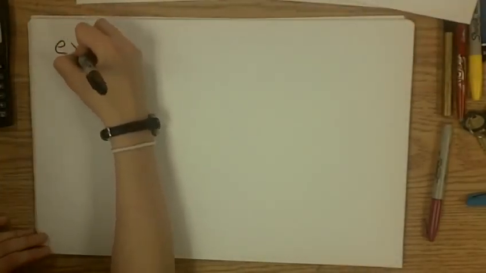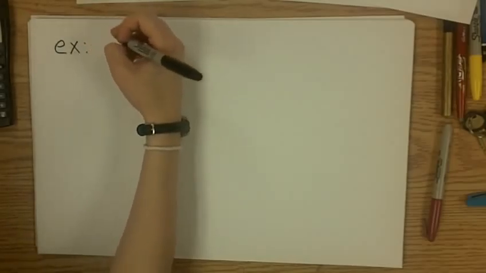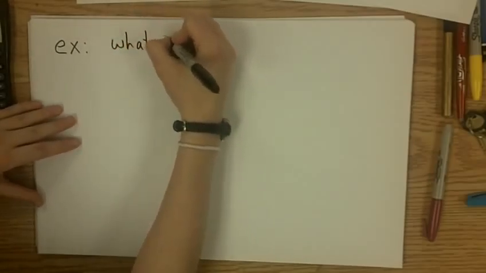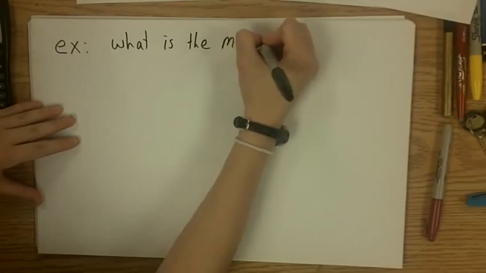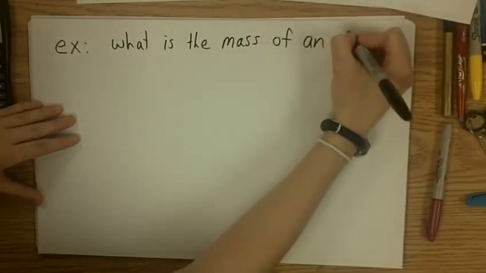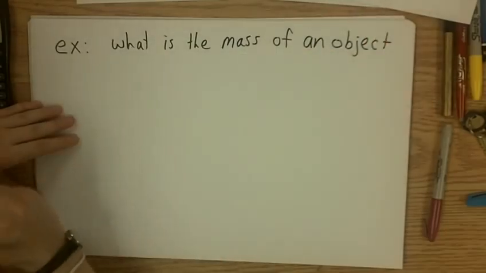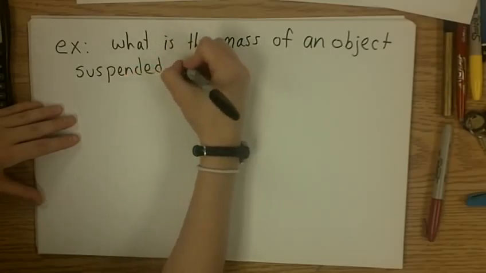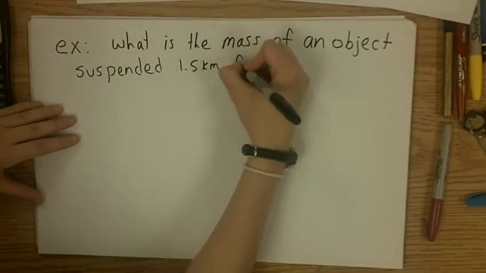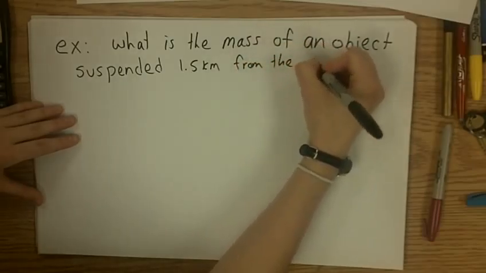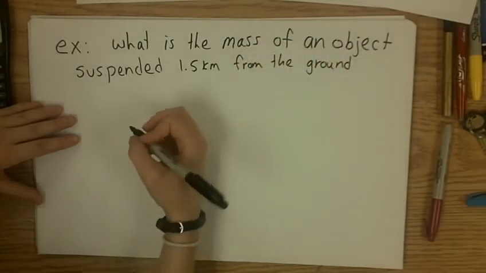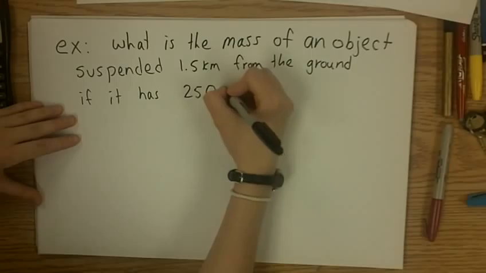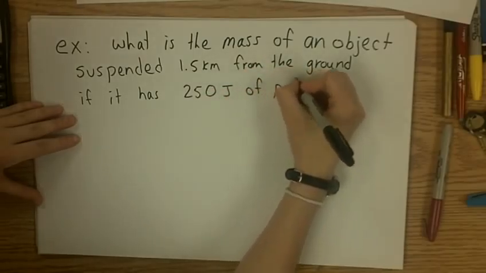Here's another example where we actually will have to rearrange. What is the mass of an object suspended 1.5 kilometers from the ground if it has 250 joules of potential energy?